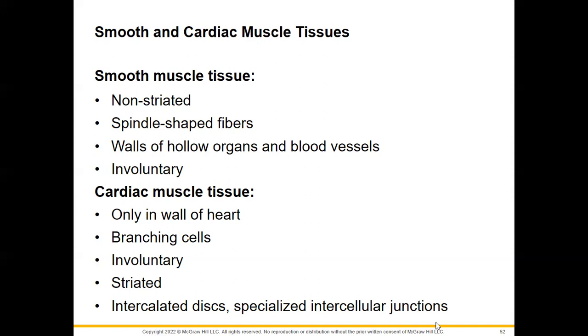These are your specialized intercellular junctions. They're going to be thicker, darker bands inside of the cardiac muscle tissue. So not only will you see the striations, but you'll also see the intercalated discs.